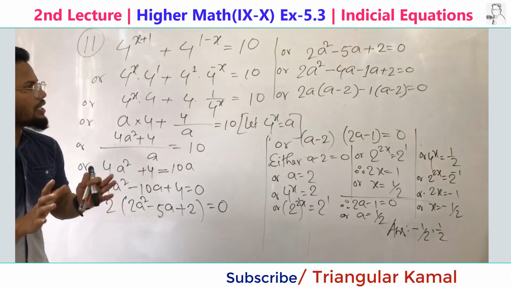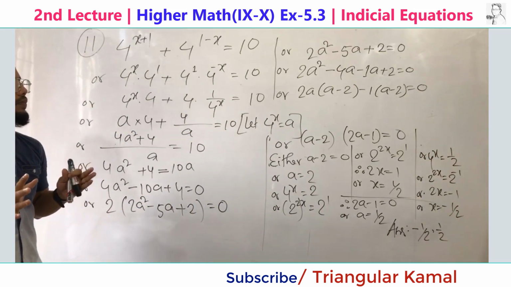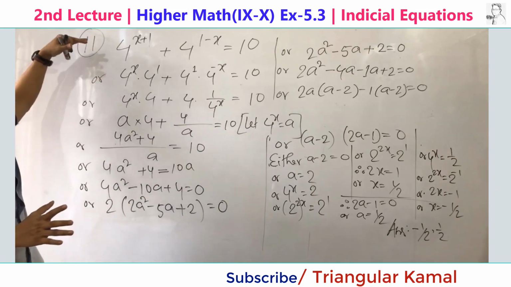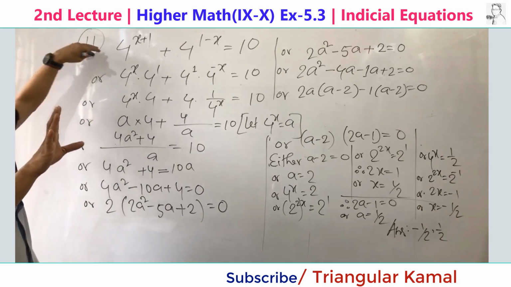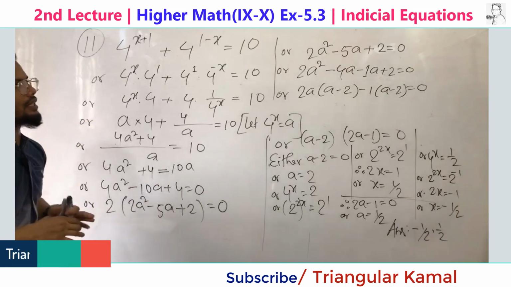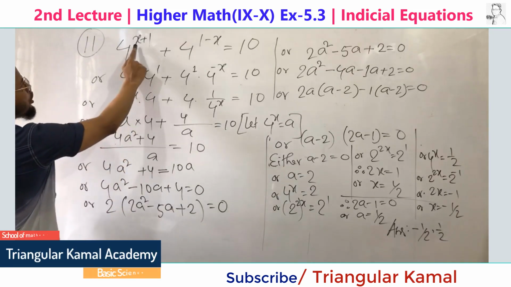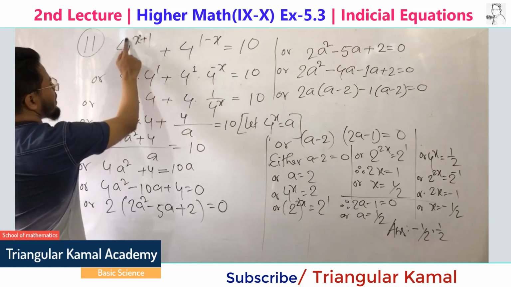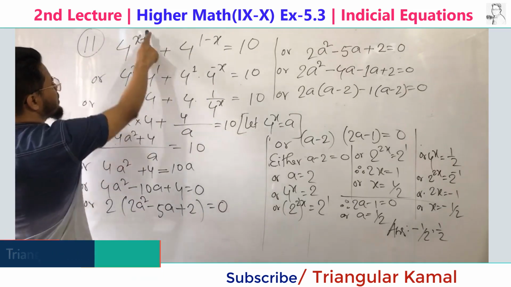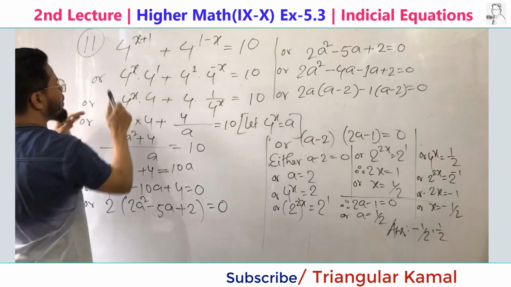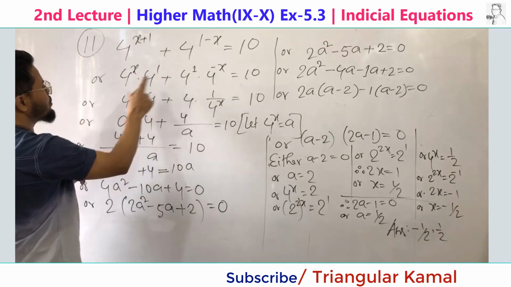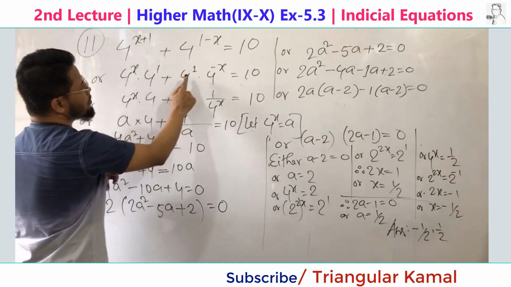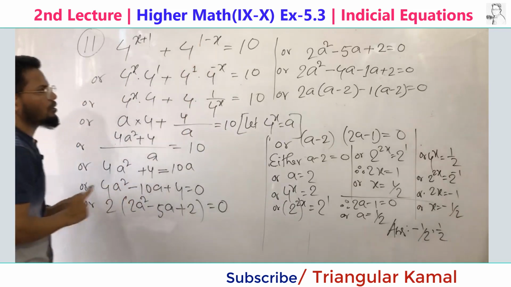Okay, my dear students, give attention. I think we have already done this type in our previous 3 or 4 problems, but this is totally the same. The 4 to the power x plus 1, minus 6. Now just separate this plus into 2 simple units: 4 to the power x, 4 to the power 1, and 4 to the power minus x.